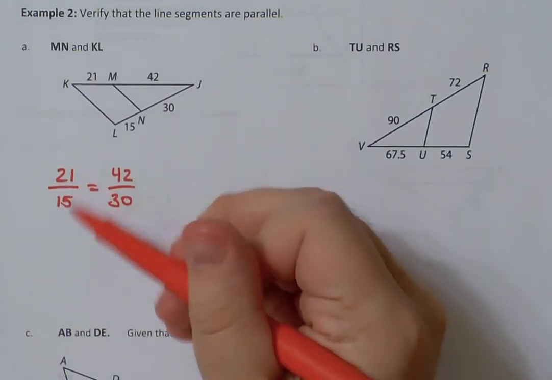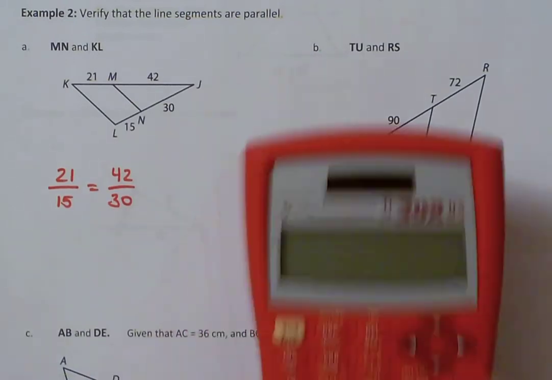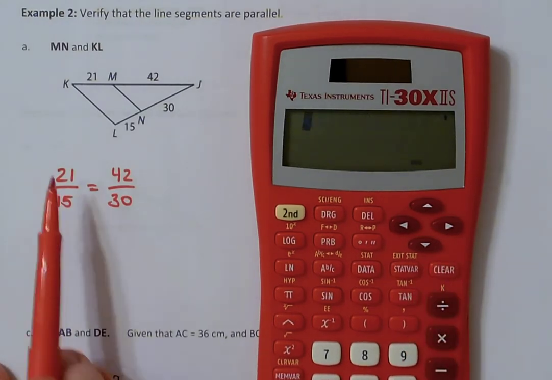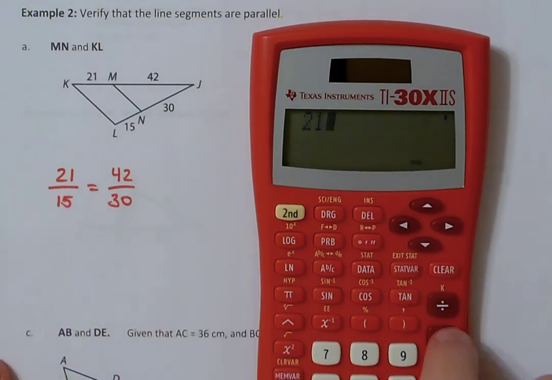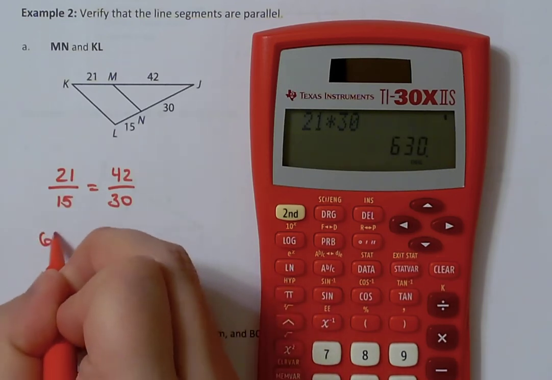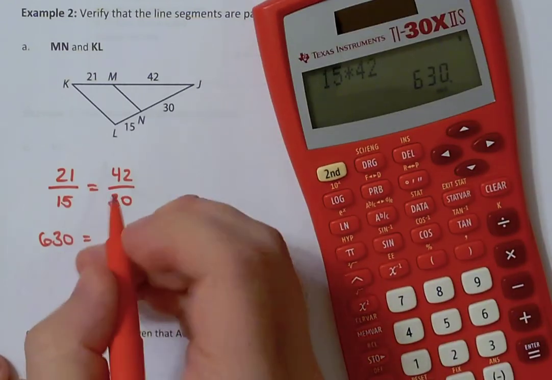We can simplify these fractions, or we can cross multiply real quick. 21 times 30 gives us 630, and 15 times 42 gives us 630.